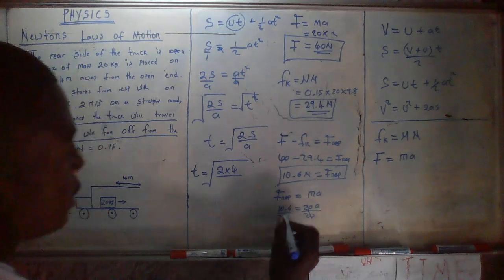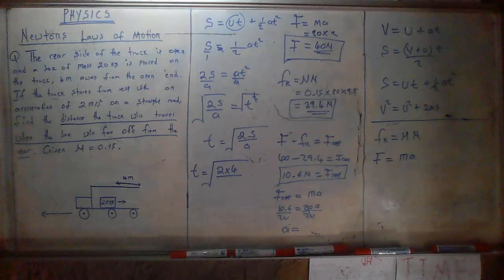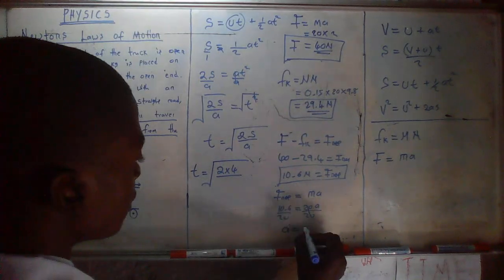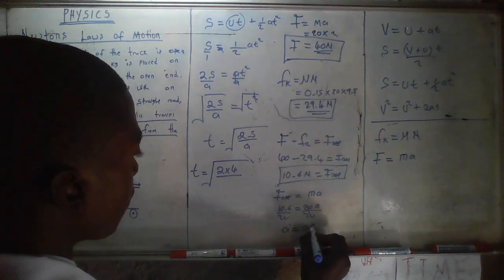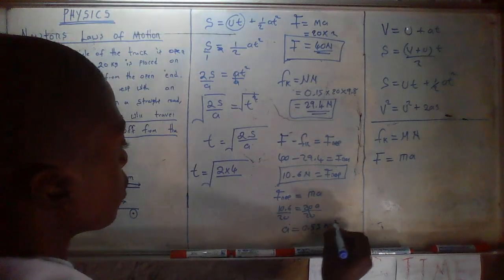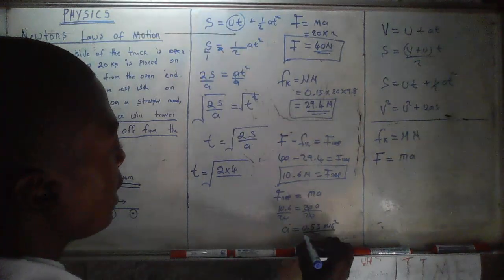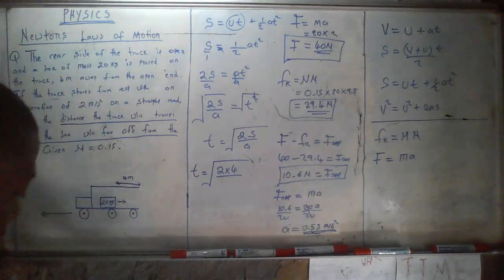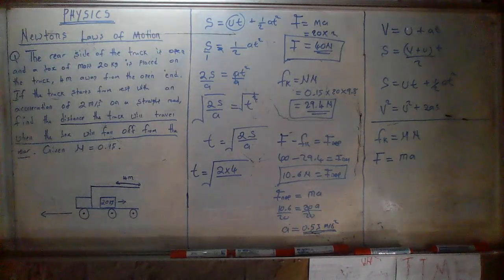Therefore, the acceleration is 10.6 over 20, which will give us 0.53 meter per second squared. So this was the acceleration of the box. This was the acceleration of the what? Of the box.